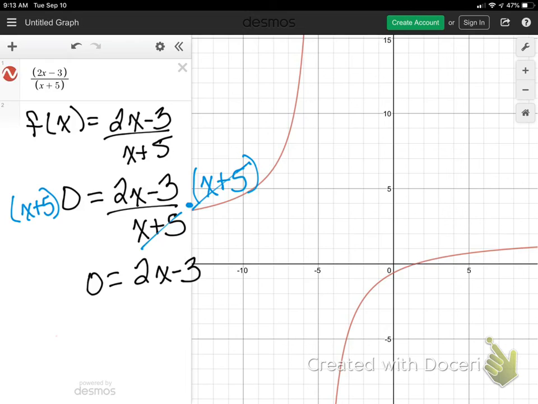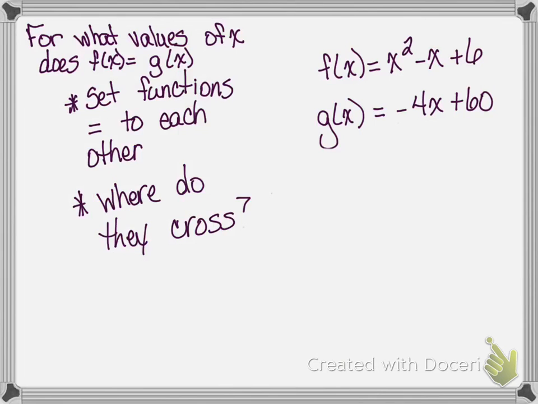Okay. Now, for the last one that we're going to do today, you know how to do it. It's just worded weird. Okay, are you ready for it? So the directions for this one say, find what values of x where f of x equals g of x. So you're given an f of x and you're given a g of x, and we want to know when are those two functions equal.